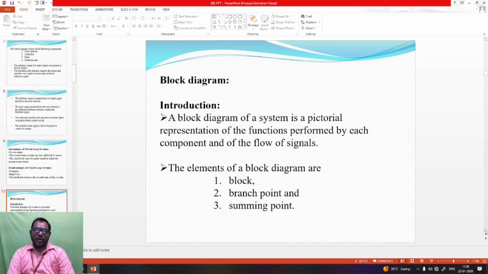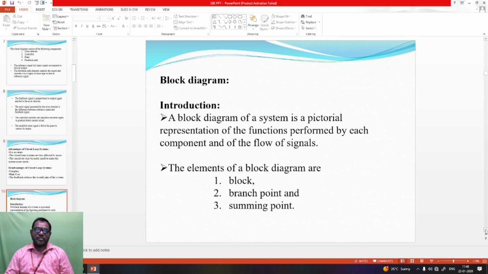A block diagram of the system is a pictorial representation of the function performed by each component and of the flow of signals. So here the system is represented in the form of a pictorial representation of the functions performed by each component, using various symbols.